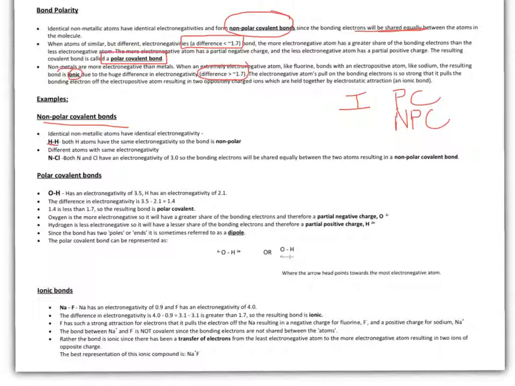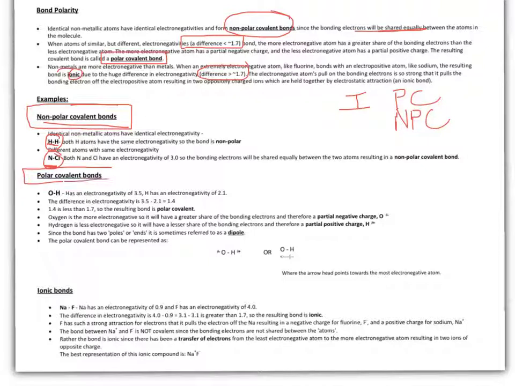If there are different atoms with the same electronegativity, there will be equal sharing, and so it's a nonpolar covalent bond. So if they're the same element, or different elements with the same electronegativity, the bond is nonpolar.